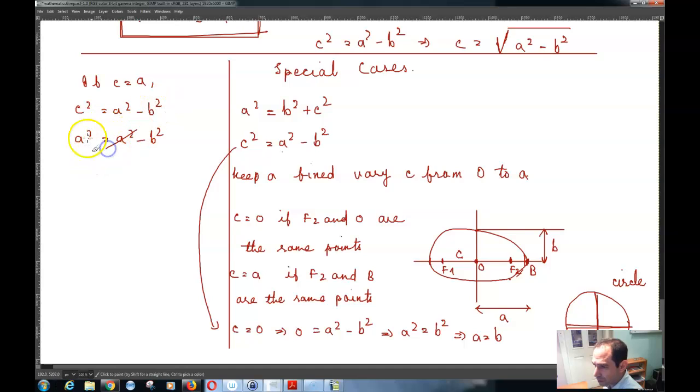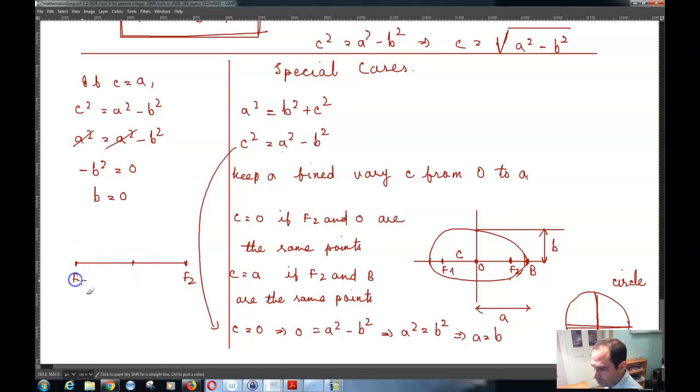and so basically you can cancel these two out. Negative b squared is equal to 0, and so that means that b is equal to 0. Now if b is equal to 0, basically your ellipse becomes just a straight line with the two foci at the end of this line. This becomes, for example, f2.